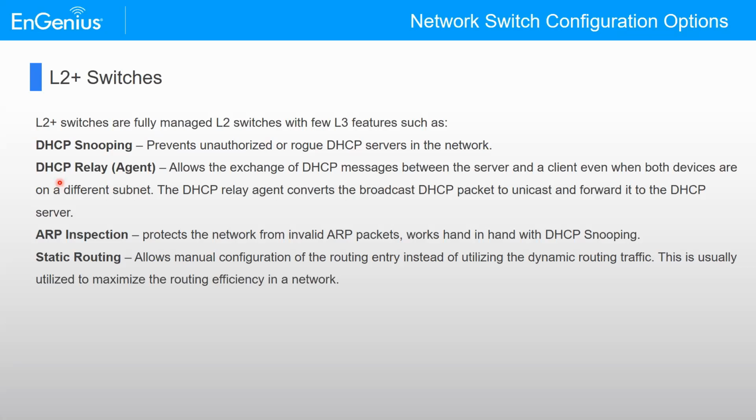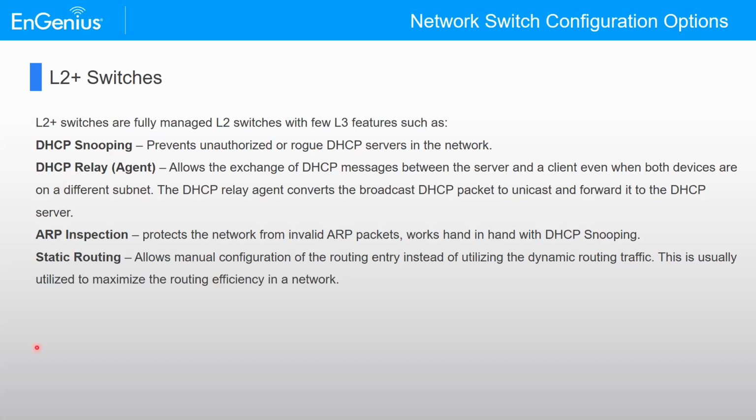If I have a client device on, let's say, 10.0.0.x, it won't be able to see that DHCP server because it's a totally different network. So a DHCP relay agent acts as a bridge for this client device to see that DHCP server and relays all the information back and forth. Essentially, it's like bridging two networks together.